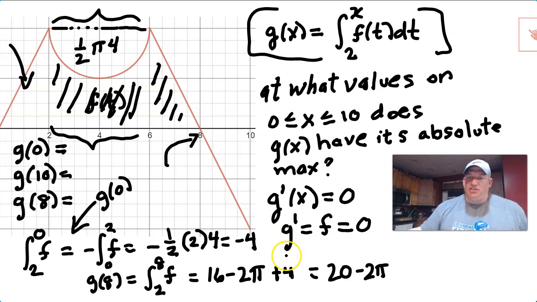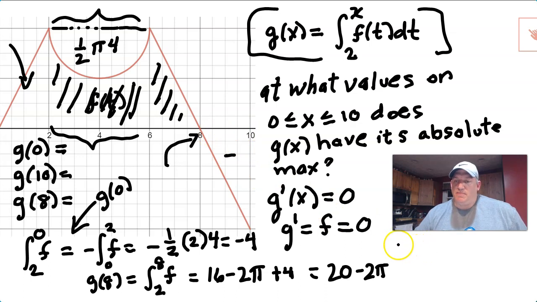Lastly, we need to find g of 10. Well, g of 10 is going to be g of 8 plus the integral from 8 to 10, which is going to be a negative number, so it's going to be smaller. So my g of 10 is going to equal my g of 8 number, which obviously is my 20 minus 2 pi, and then we're going to subtract that triangle, or subtract 4.